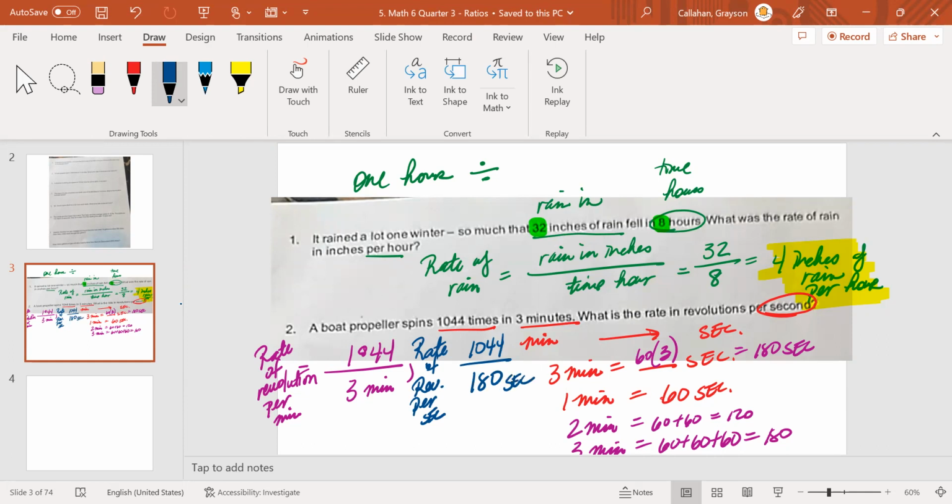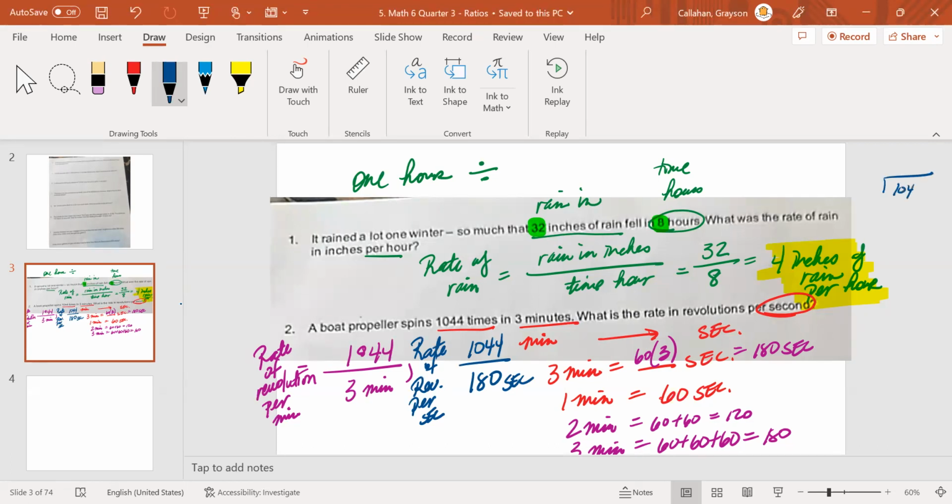So on the side of this, 1044 divided by 180, well, let's figure it out. 180 is about 200, okay? 200 times 5 gives me 1,000, right?